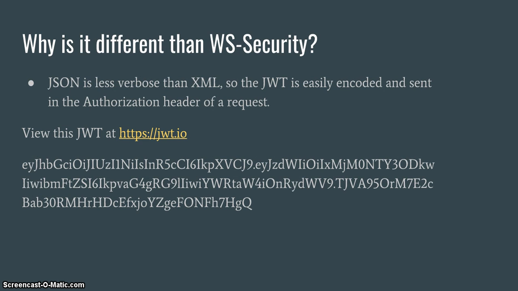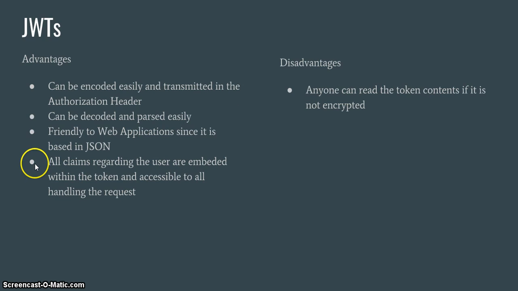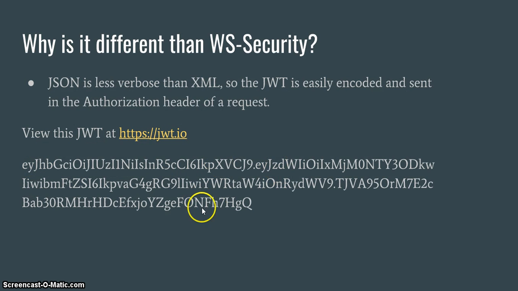Why is it different? It's definitely less verbose. It can be encoded, typically it's base64 encoded, and here you can see an actual JWT, and you can copy and paste this JWT in this site, and you can read the contents of it. So that is a JWT.